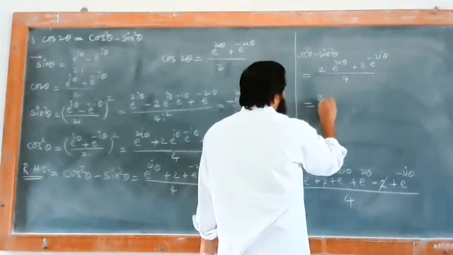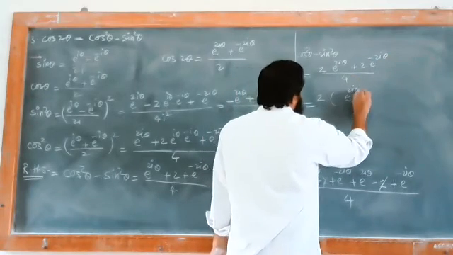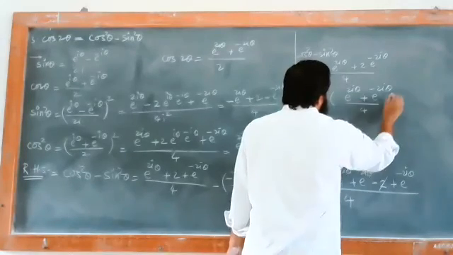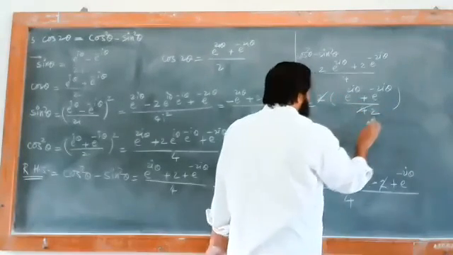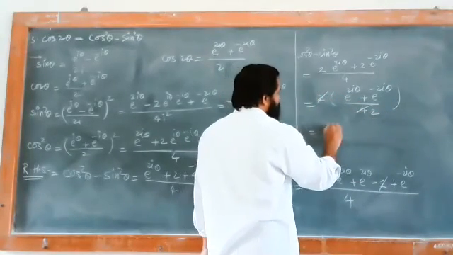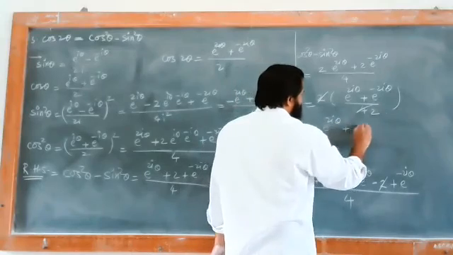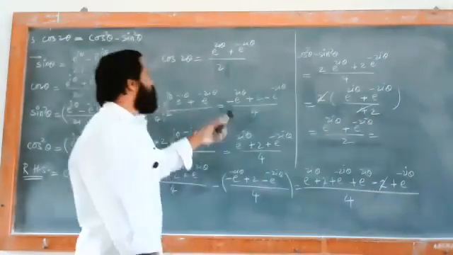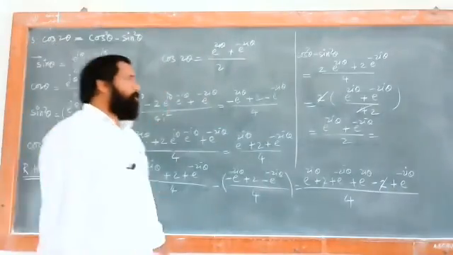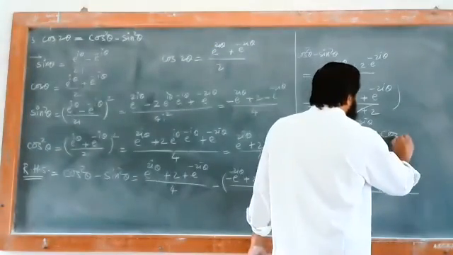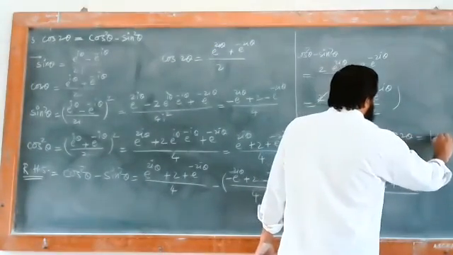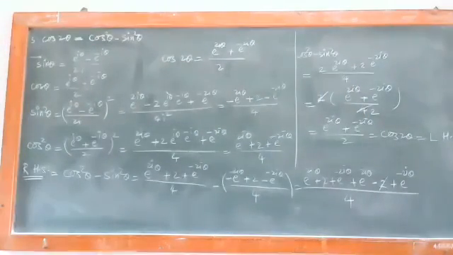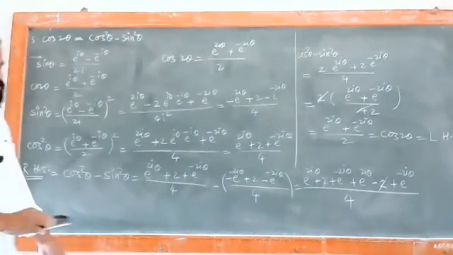This is 2 times e raised to twice i theta plus e raised to minus twice i theta divided by 4. 2 and 4 cancel, and you can have e raised to twice i theta plus e raised to minus twice i theta divided by 2. And what is this? This is nothing but cos of 2 theta. And so you have the next identity, that is cos of 2 theta is equal to cos square theta minus sin square theta.